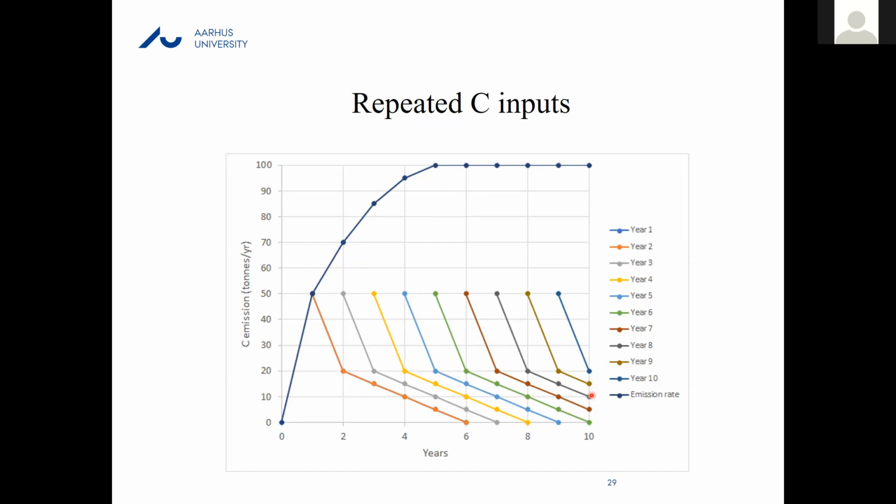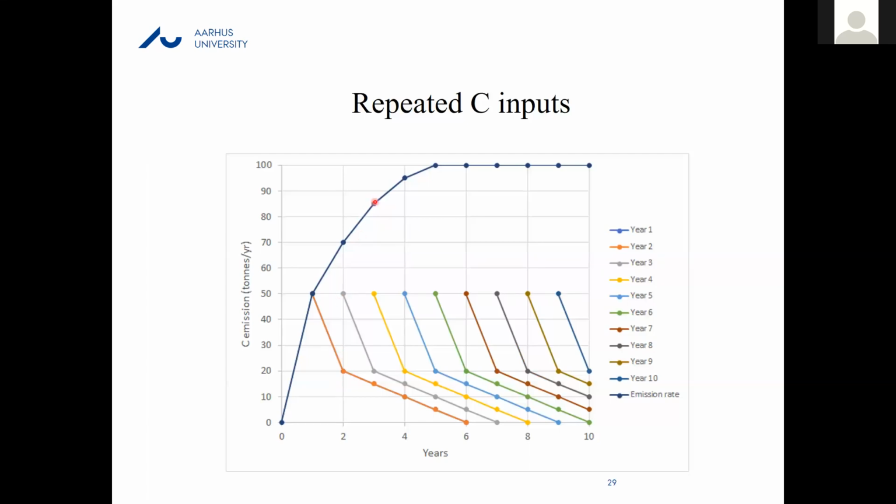So the total rate of carbon emission is the sum of the rates of carbon emission from each of the earlier years' inputs. So in the first year, the total carbon emission results from the first year's input. In the second year, the total carbon emission is the sum of the emission from the first year and second year.